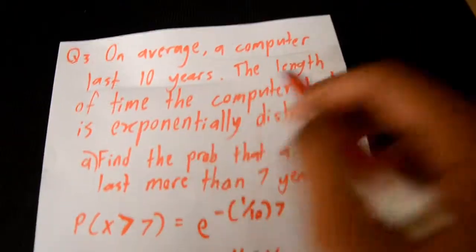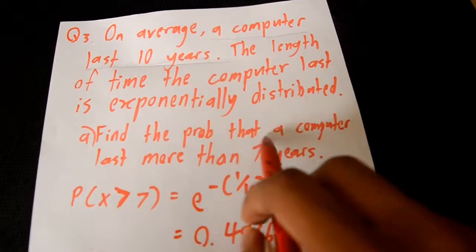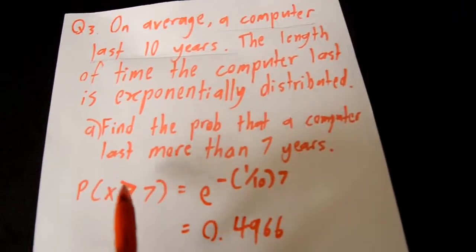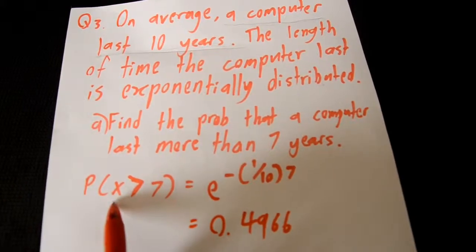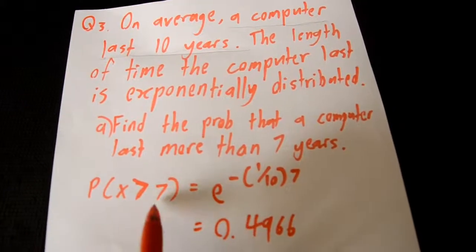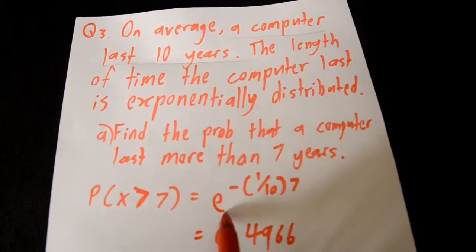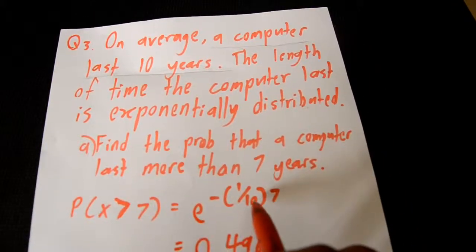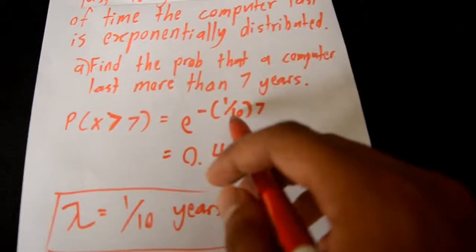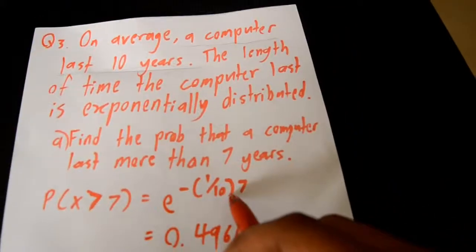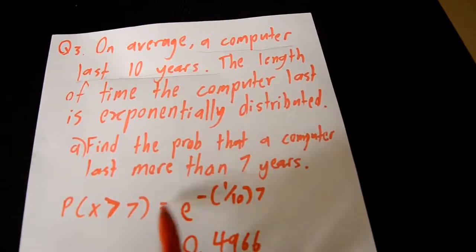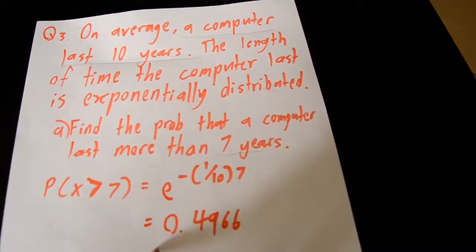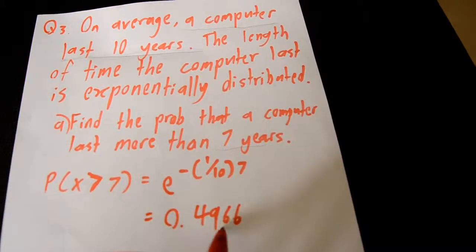The question wants the probability that the computer lasts more than 7 years. We use the formula probability x is greater than 7, so e to the power of negative lambda, which is 1 over 10, times 7 years from the question. If we calculate this, we get 0.4966.